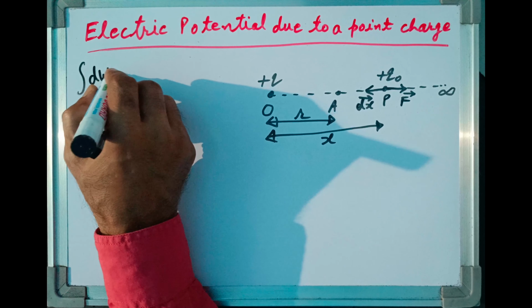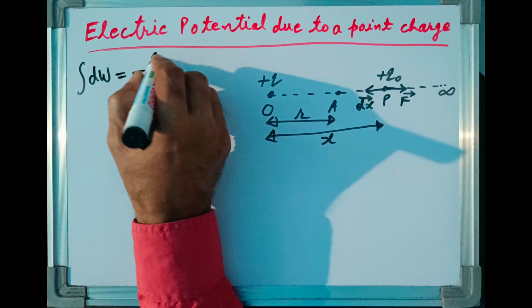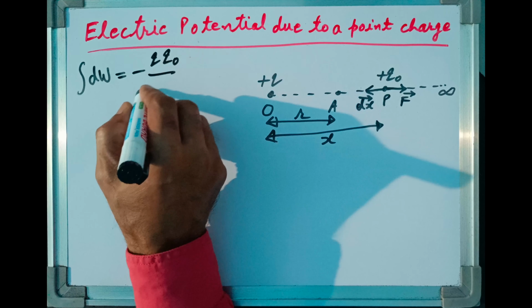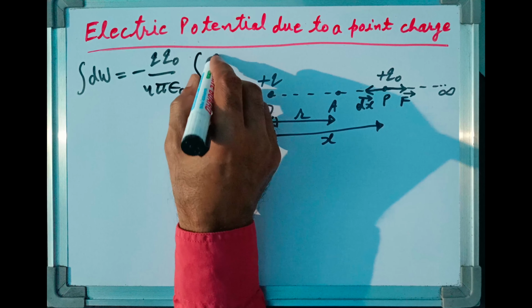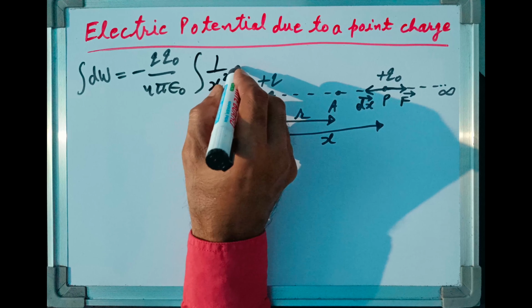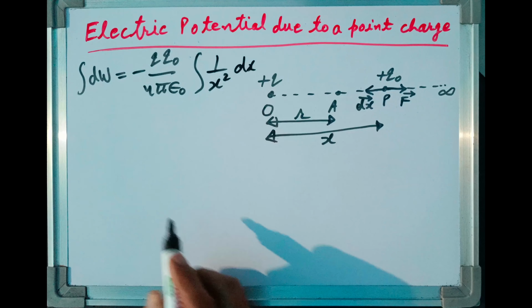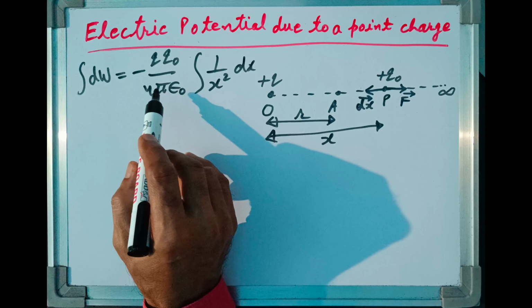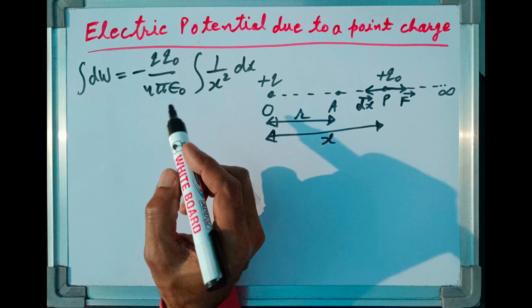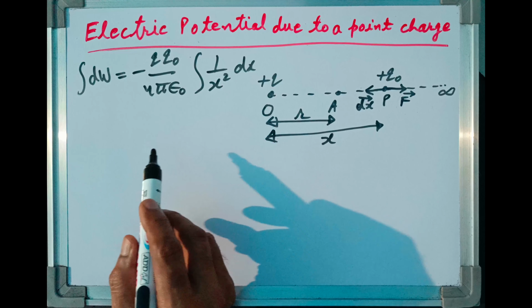Now let us integrate the previous equation. Integration dW equal to minus Q naught upon 4 pi epsilon naught integration 1 upon x square dx. Because Q naught and epsilon naught are constants, these can be taken out of the integration. Now how to put the limits?